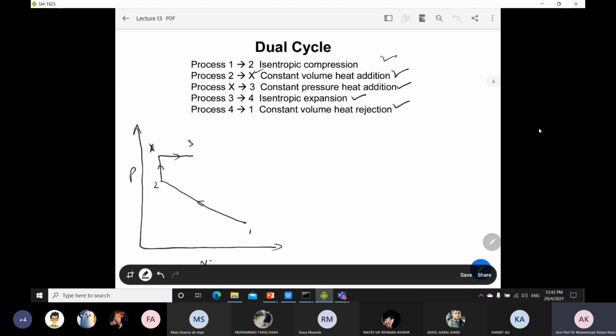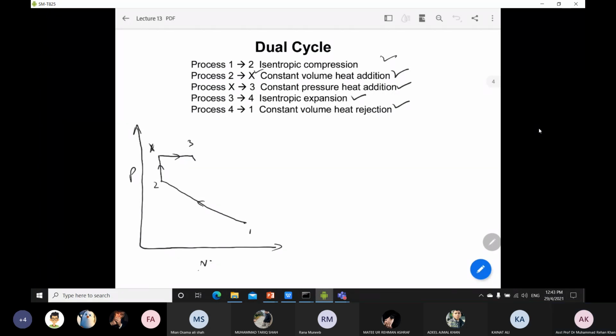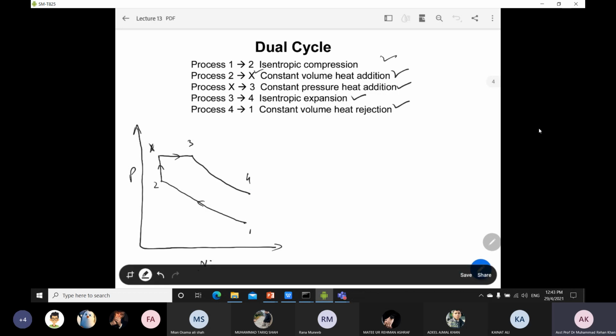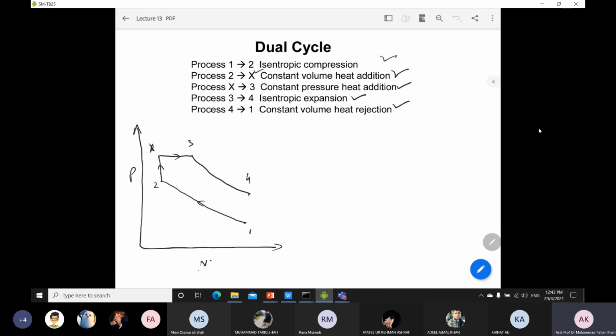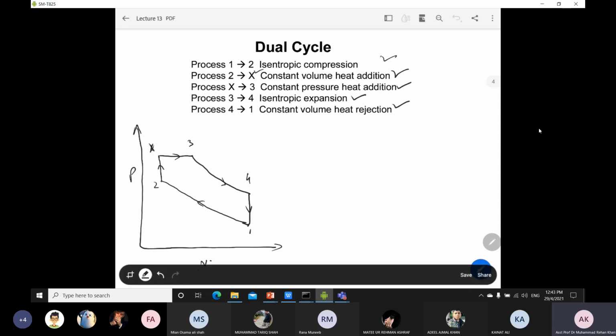So if point number 3 is here, point number 4 will be somewhere there. Then from 4 to 1 it is a constant volume heat rejection process, so the volume is constant from 4 to 1.